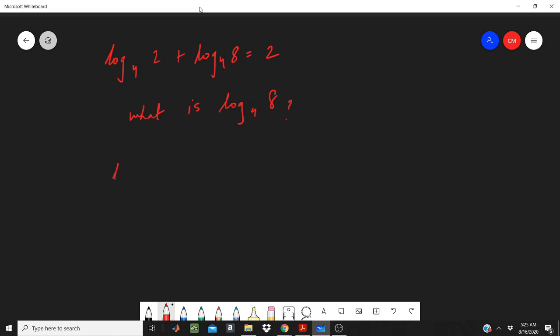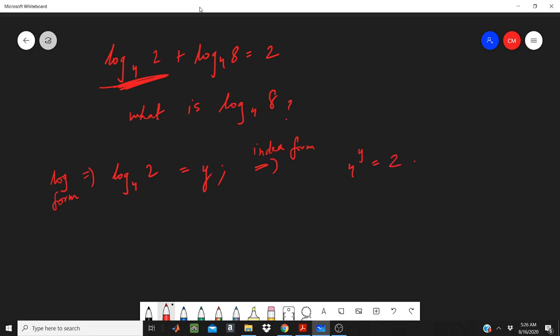Well, what is log base 4 of 2? This term here. This is also some power, some number basically. You can write this as y. This is log form right here, and you can make this into index form by saying 4 raised to the power y equals 2.